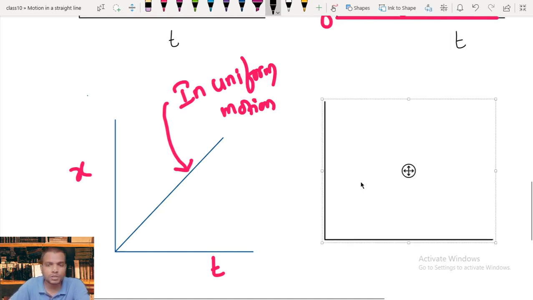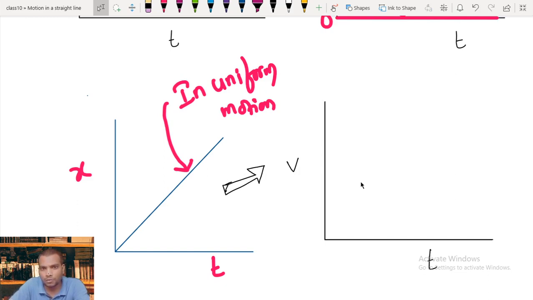If this is the position versus time graph, how does it look for the velocity versus time graph? Now if I know the position and I would like to find the velocity.